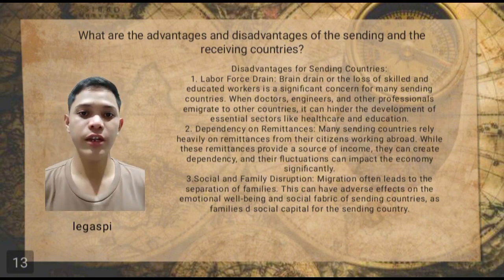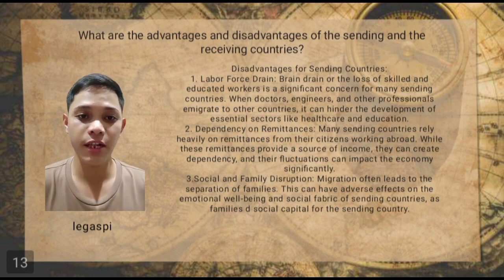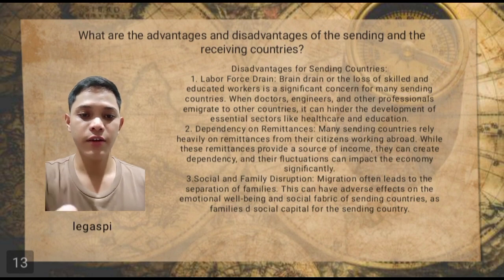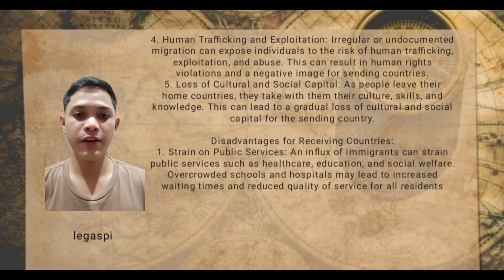Third, social and family disruption. Migration frequently results in the separation of families as loved ones are divided across borders. This can have adverse effects on the emotional well-being and social fabric of sending countries. Fourth, human trafficking and exploitation.